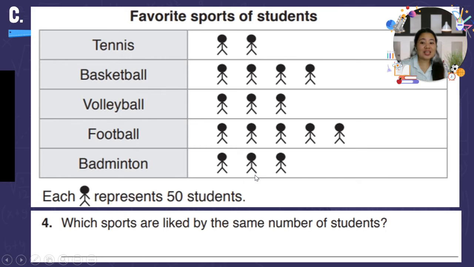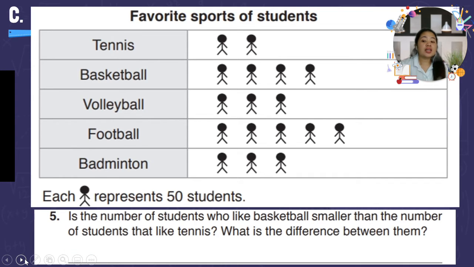Those are volleyball and badminton. That's correct. Very good.